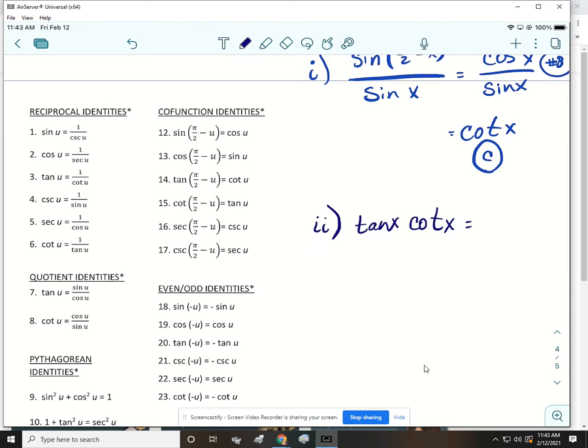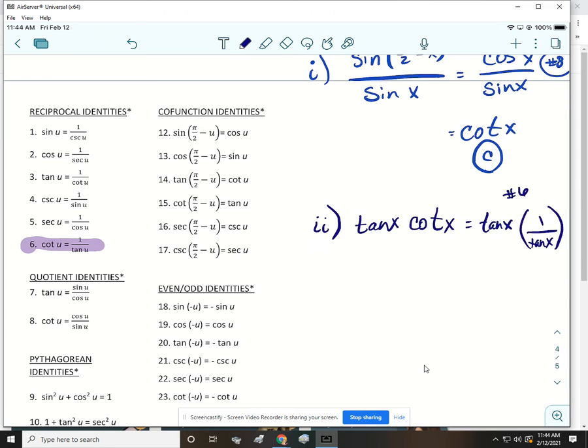If you just do too much too fast, it kind of messes you up. So what I would do is just pick one of these, either tangent or cotangent, and just rewrite it. So I'm going to pick cotangent. I'm going to leave tangent like it is, and I'm going to take cotangent and use this identity to rewrite it. So number 6. Rewrite it as 1 over tangent.